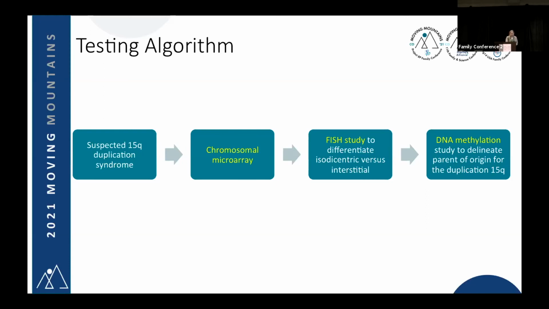It would be helpful to know a little bit more about what testing was already done in your child who has a diagnosis of isodicentric duplication. And I'm happy to talk more about that, because sometimes that's helpful, but it depends what workup has already been done in the rest of the family, whether it's a possibility that that individual could have a duplication of 15q as well.